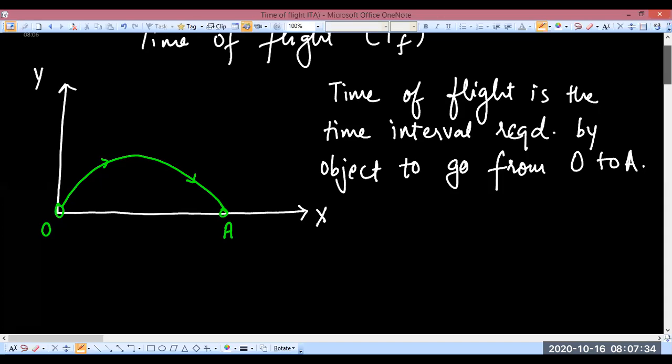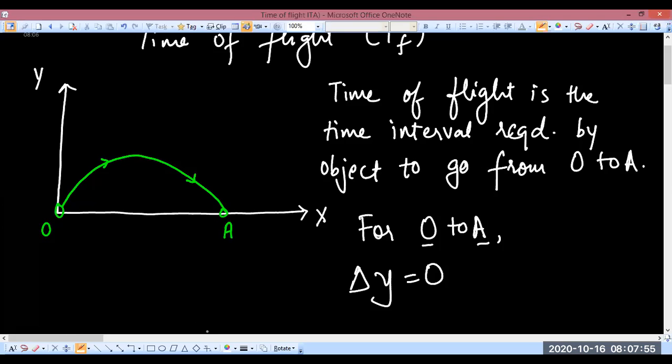If you realize it, do you understand that for O to A, whenever you are doing any kind of calculation, I suggest that you write for which point to which point. Do you agree with this? For O to A, delta y is 0.